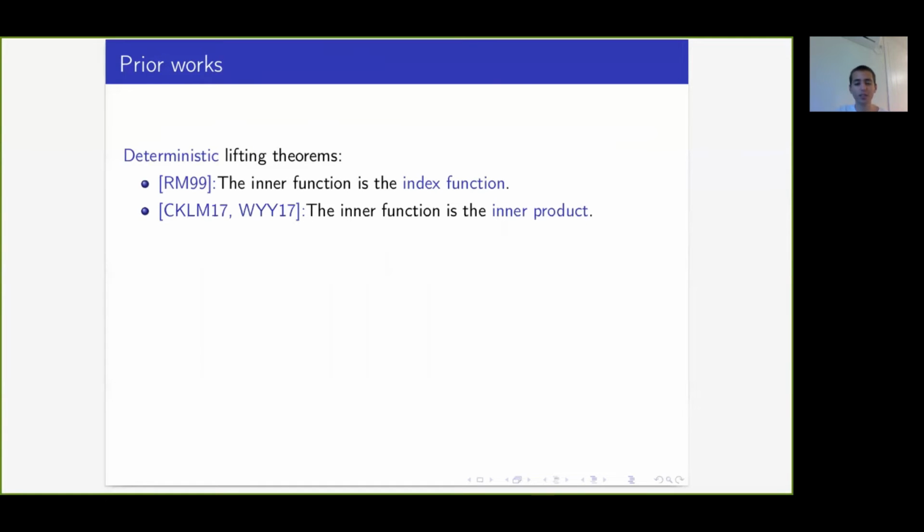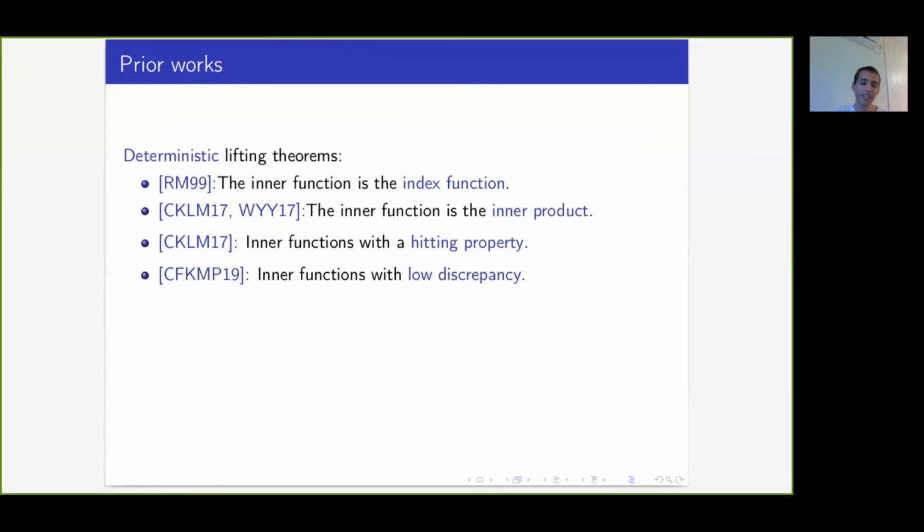Their work was motivated by finding an inner function with much smaller input size. The result of Chattopadhyay et al. also holds for a much more general family of inner functions, inner functions that satisfy some hitting property. Later, Chattopadhyay, Filmus, Koroth, Meir, and Pitassi proved lifting theorems for all inner functions that have low discrepancy.